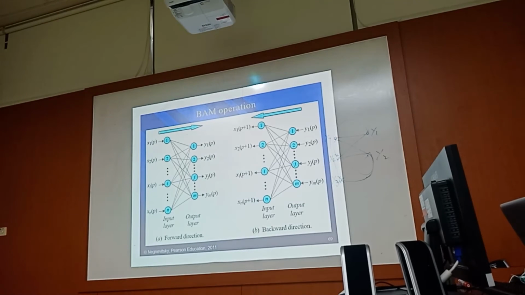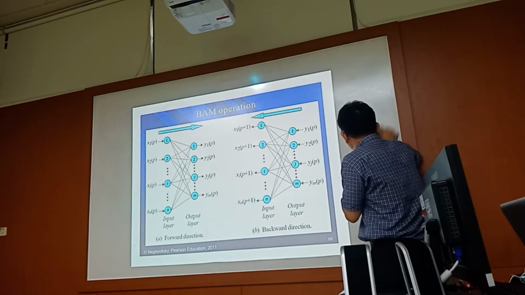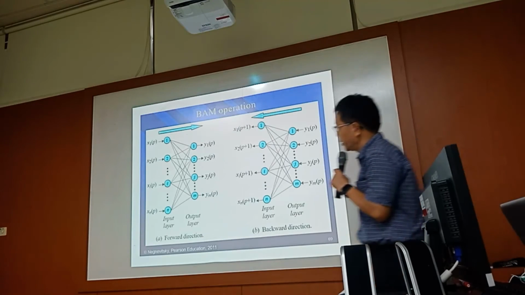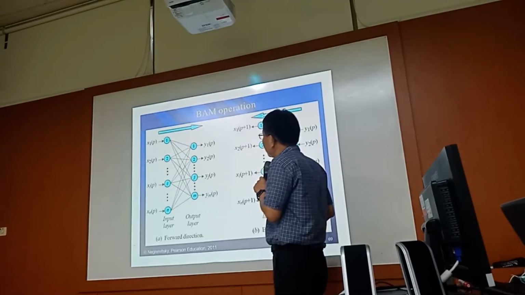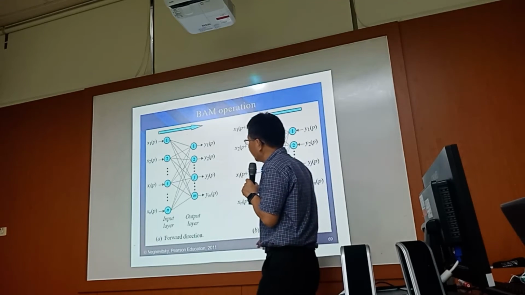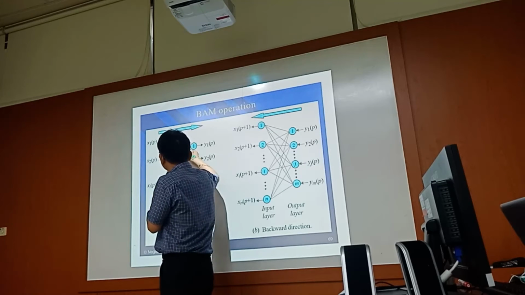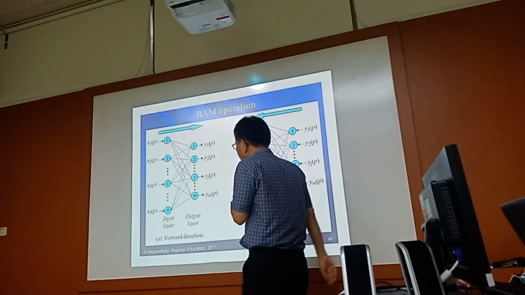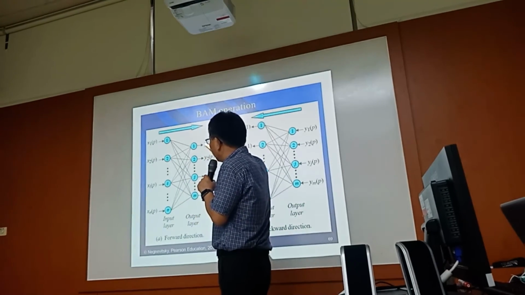The bi-directional neural network architecture is like this. Its structure is also simple. It has only two layers, but the weight is bi-directional. So in the forward direction, with reasoning.